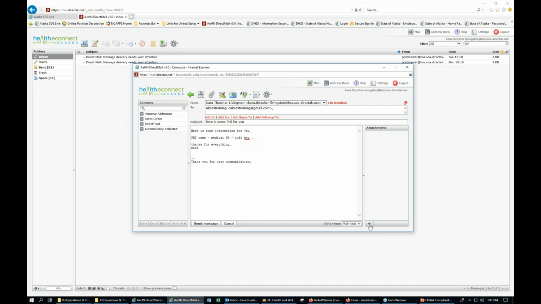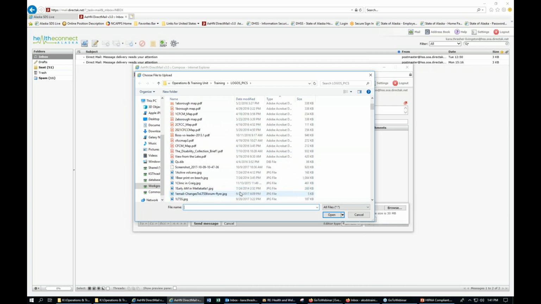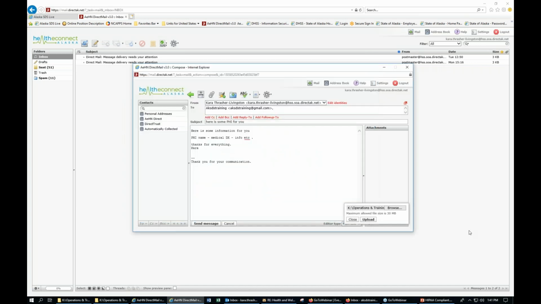Go down to the little plus sign, and it'll bring up a search of my computer. The last file I was in here is just pictures and things like that. I'm just going to randomly grab a file. Suppose that was the one with PHI that I was looking for, and I hit upload, and it uploads. So just make sure you follow those steps when you're doing this.